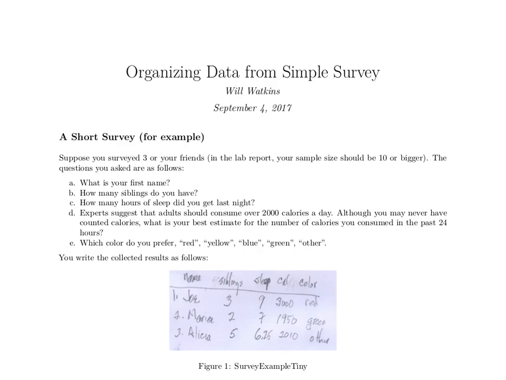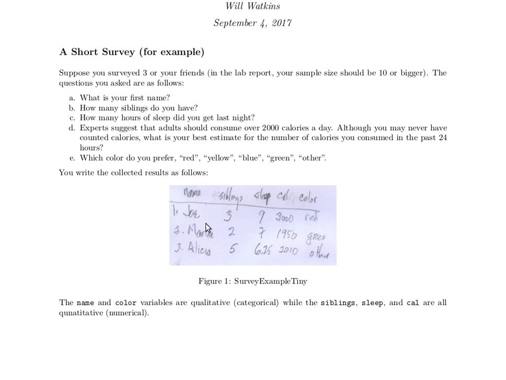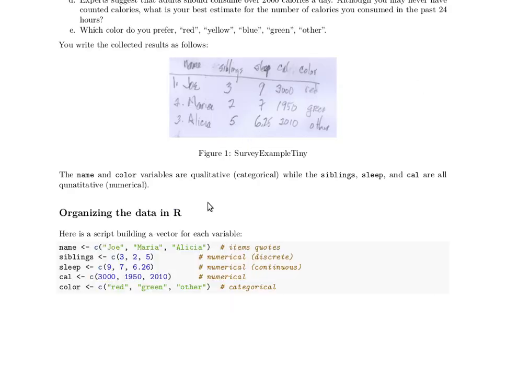their favorite color. Now, when we look at these variables, clearly the name variable is a categorical variable, color is a categorical variable, and the other 3 are numerical variables. Now, you already have experience in taking data, a variable, and putting it into an object.